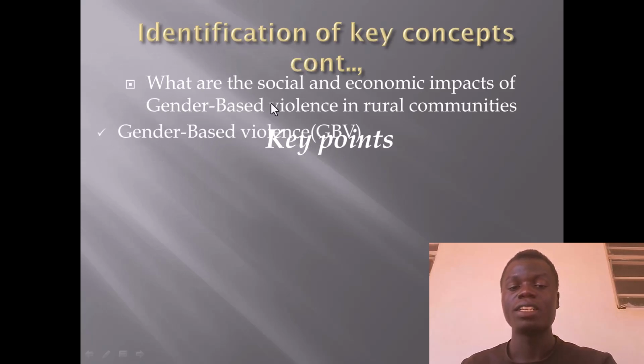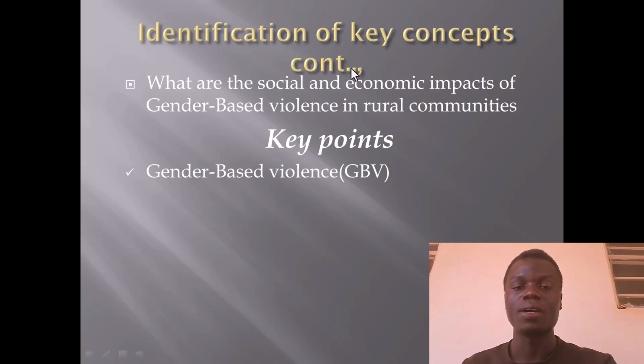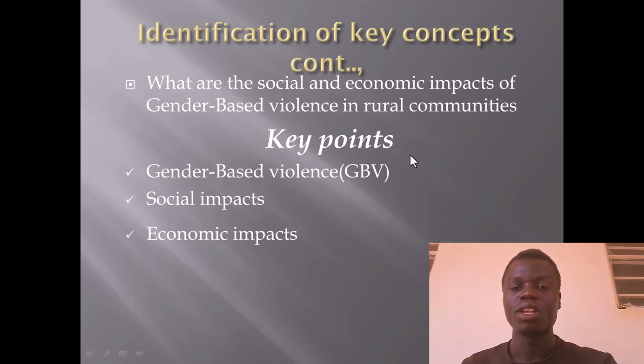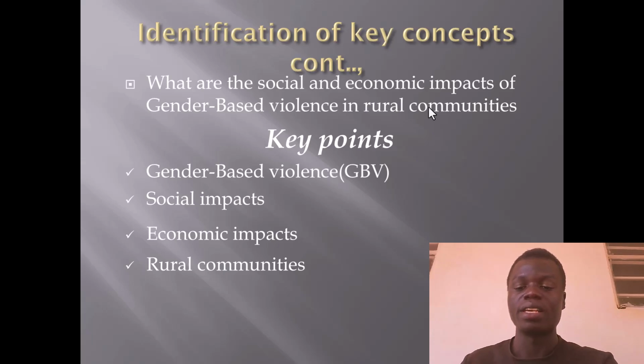The second key point is social impacts. The third key point is economic impact. And fourthly, where it is being directed to: in this question, it's the rural communities, which is our fourth key term.